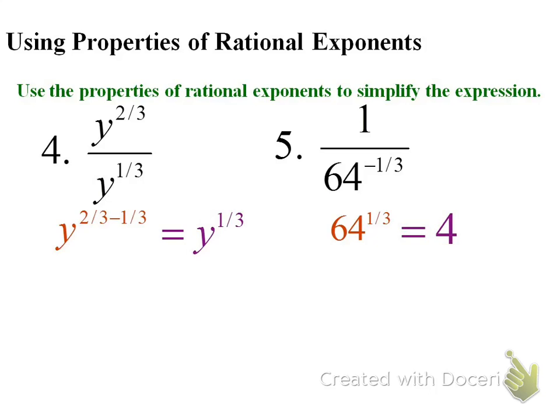It's 4. Square root would be 8, but yeah, cube root is 4. Now, you could either change it to the cube root and use that little x root button on your calculator, or you could do 64, the caret button, and then 1/3. Either way, it should give you 4. Questions on those two?